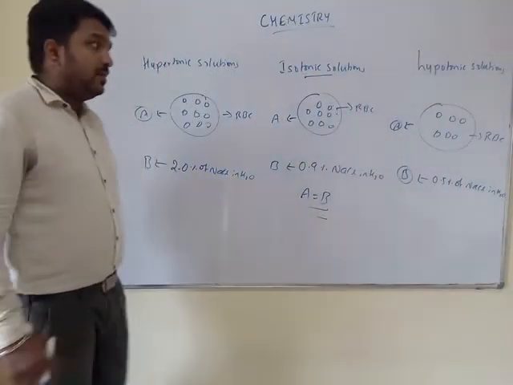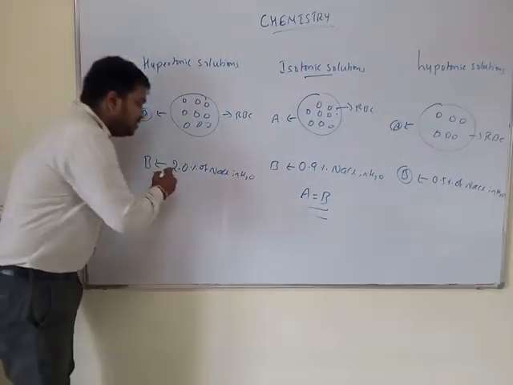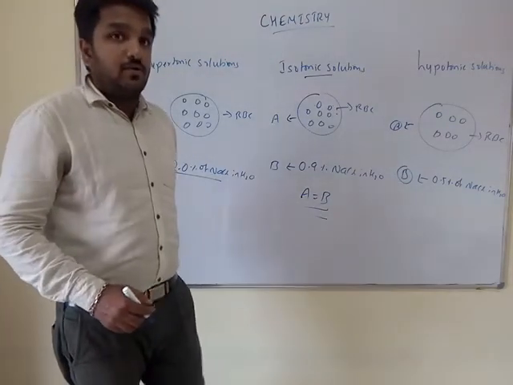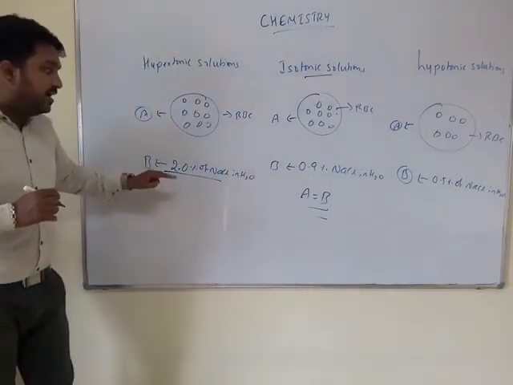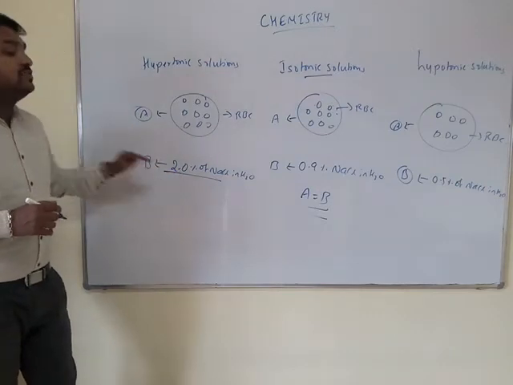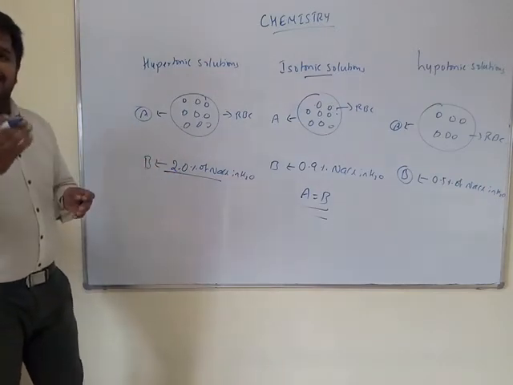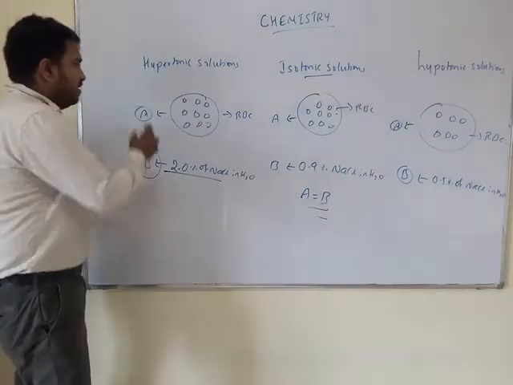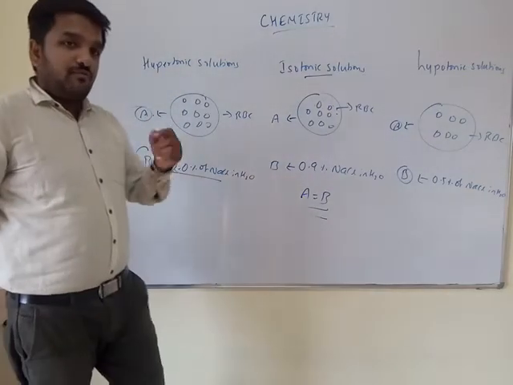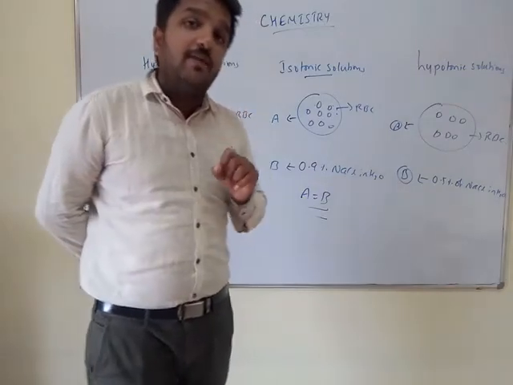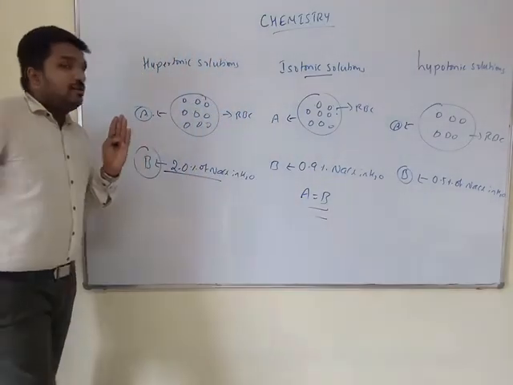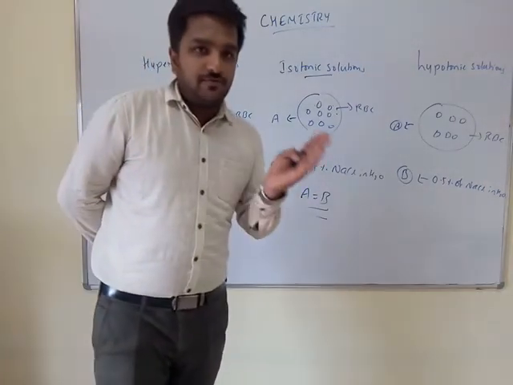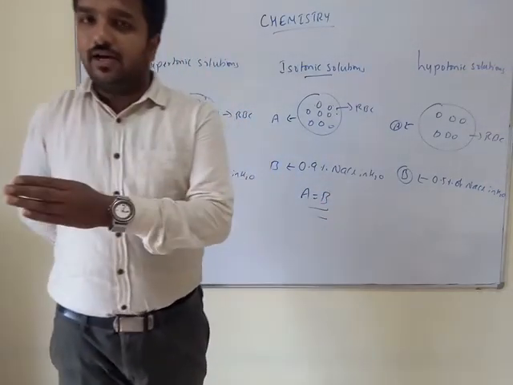So what happens now? It is 2.0% of sodium chloride in water. That means the concentration of sodium chloride has been increased. So this is a solution of higher concentration, whereas this is a solution of lower concentration. So what happens now? So what is osmosis? It is the flow of solvent from lower concentration to higher concentration.